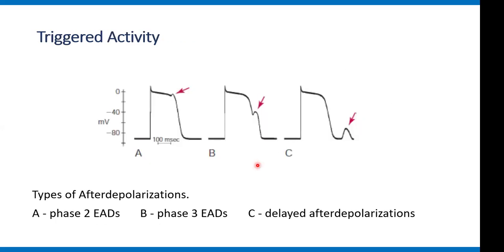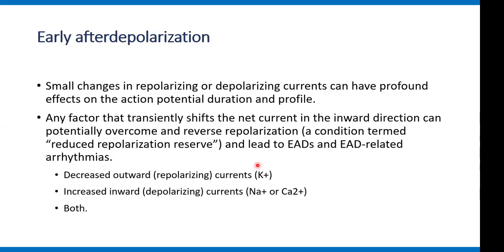All right. So I think I showed this image already. So like I said, any factor that transiently shifts the net current in the inward direction can potentially overcome the repolarization. Okay, so that is what I explained earlier on.